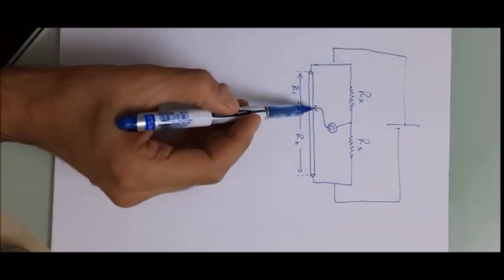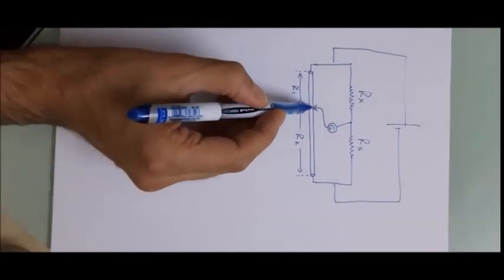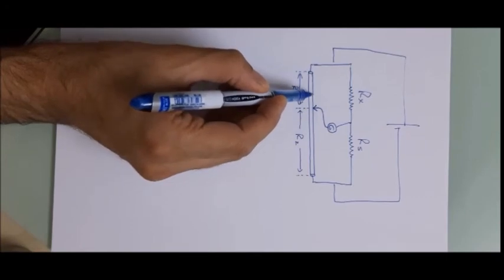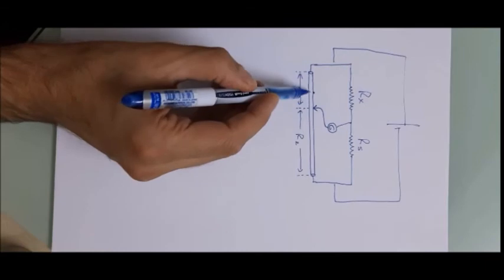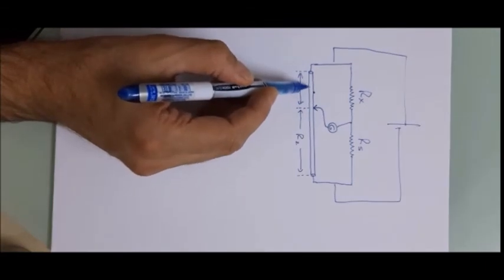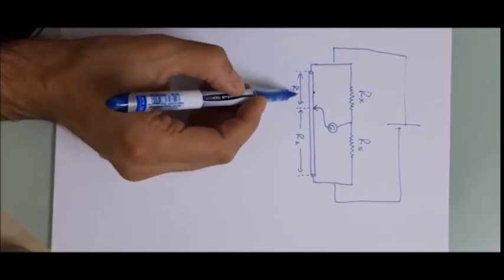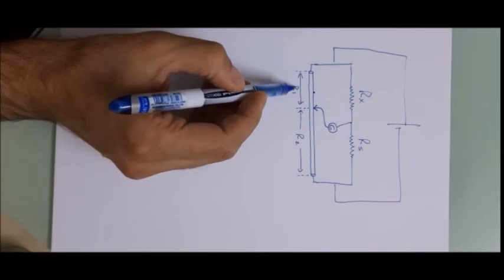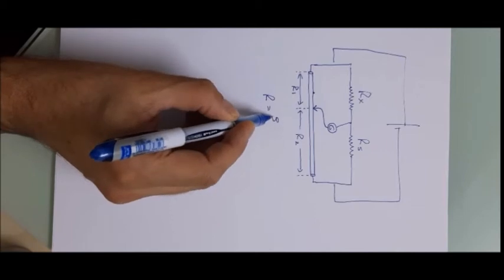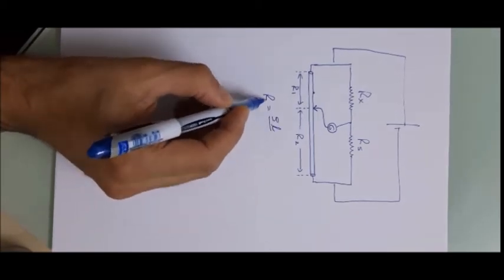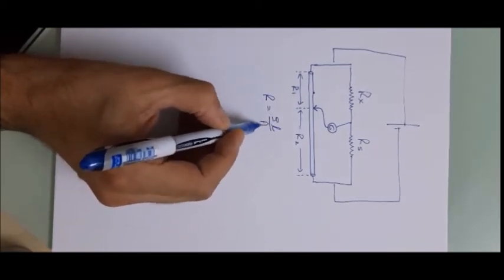So when I move this pointer, for example, towards the left to this point, this will make the length of R1 shorter, which means the value of R1 becomes less, since the resistance, as we know from the last experiment, depends on the length. Resistance equals the resistivity times length over area.